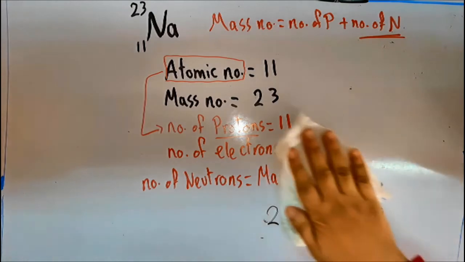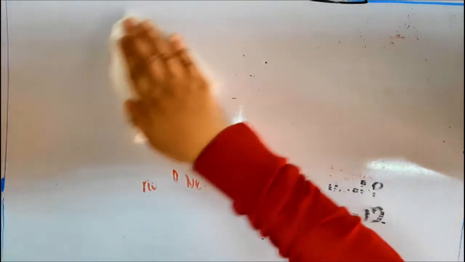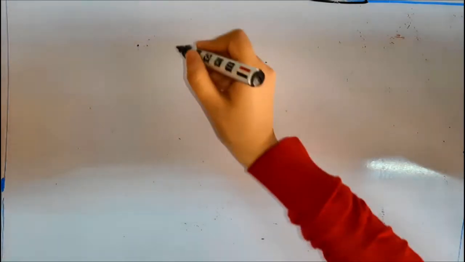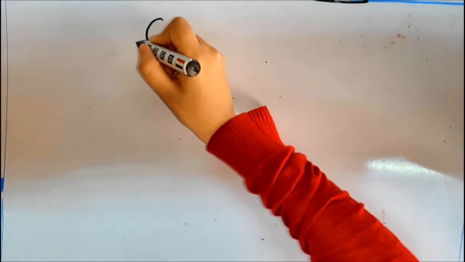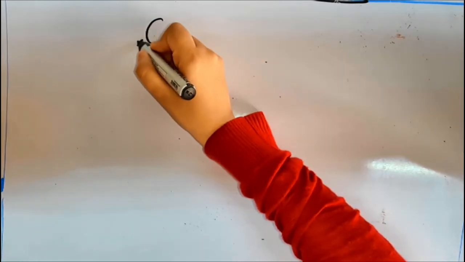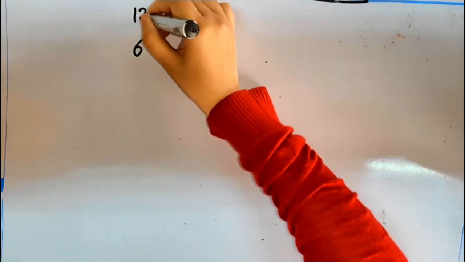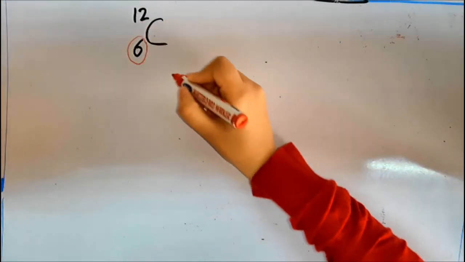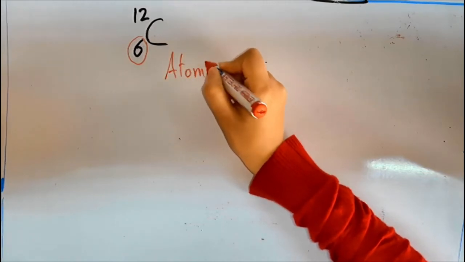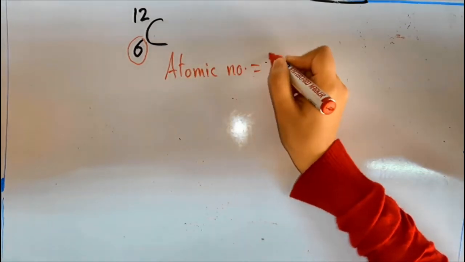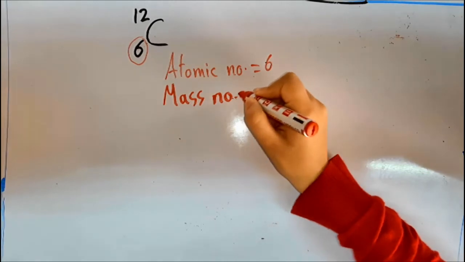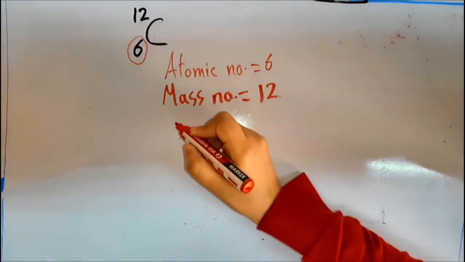Another exercise: carbon. Its atomic number is 6 and its mass number is 12. So the atomic number of carbon is 6 and its mass number equals 12.